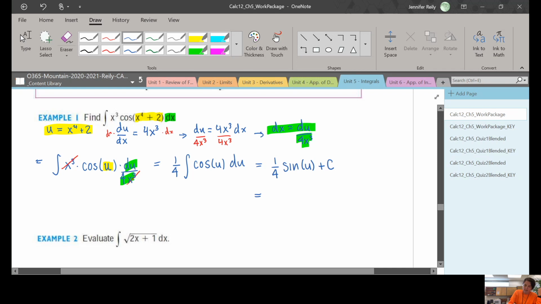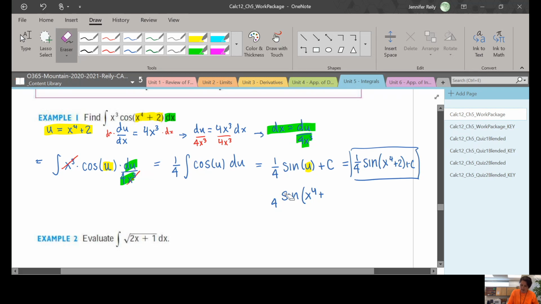Last step, we just sub back in what u was equal to. So 1 over 4 sine of x to the power 4 plus 2, plus c. So that's the answer.